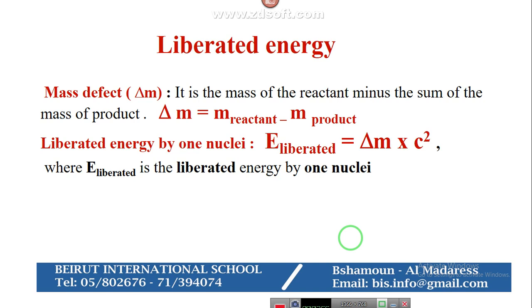Liberated energy. Also, like chapter 19, mass defect is the difference between the mass of the reactants and the mass of the products.